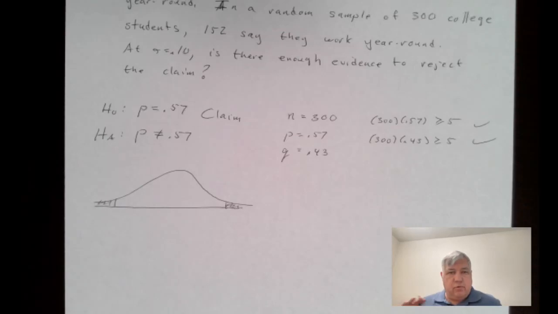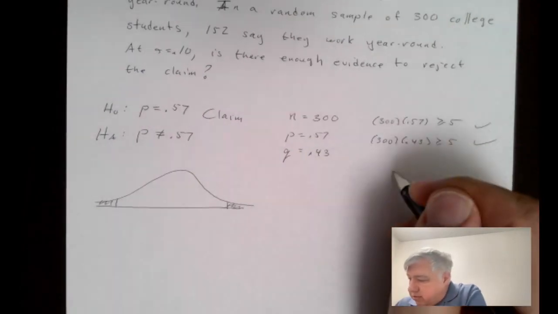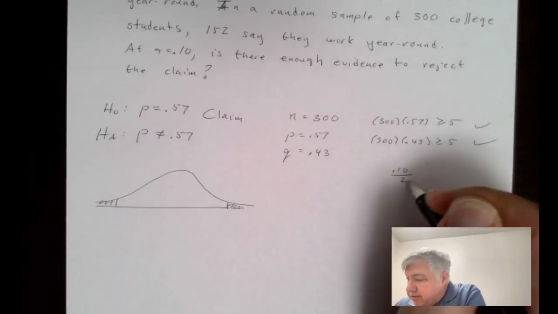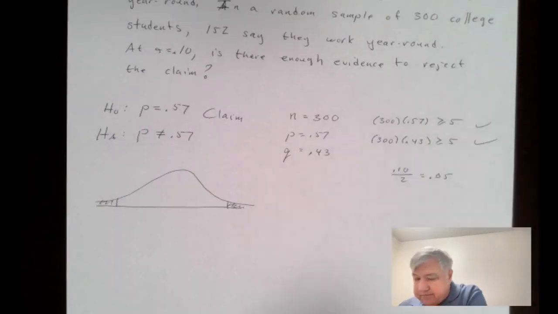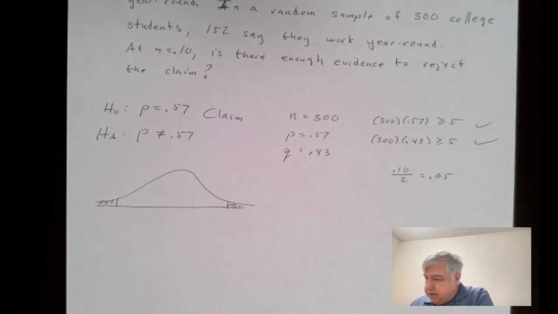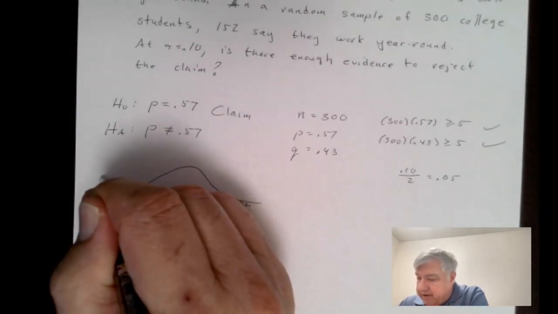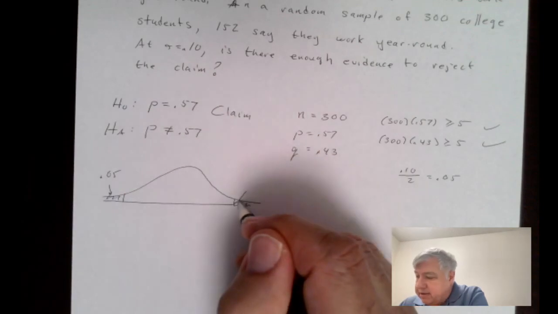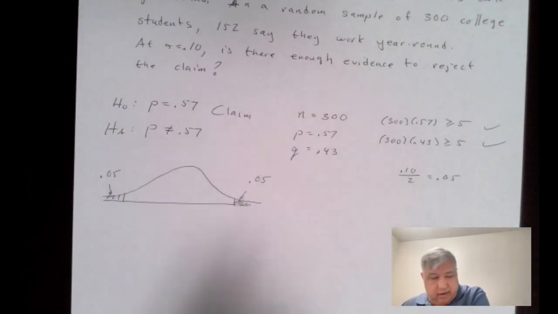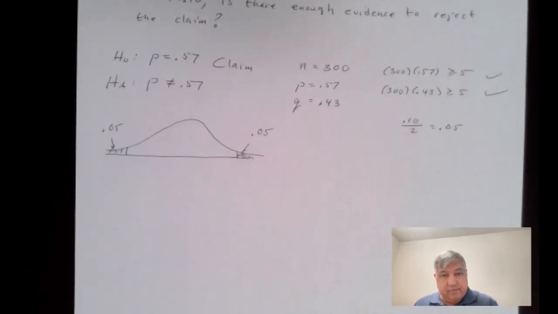And both of these shaded regions have to add up to 0.10. Well, we know, of course, that 0.10 divided by 2 is 0.05. So this tail has to have area 0.05, and this tail has to have area 0.05.